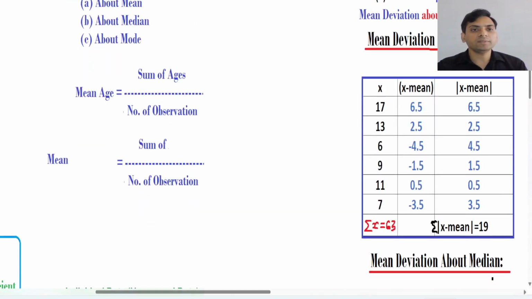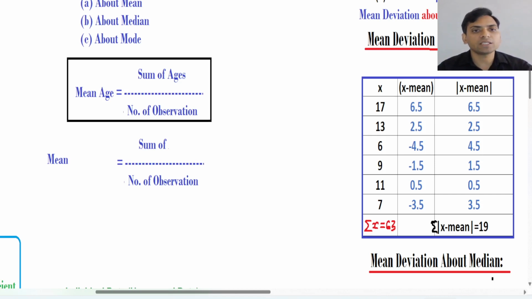We will learn mean deviation with the concept of average age. The mean age formula is sum of ages divided by number of observations.